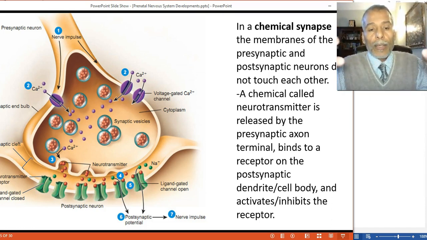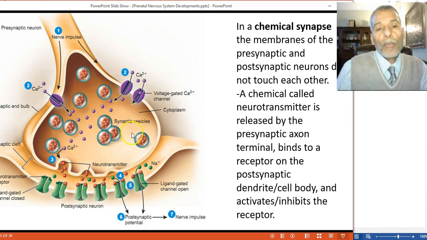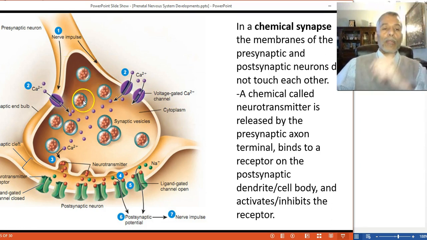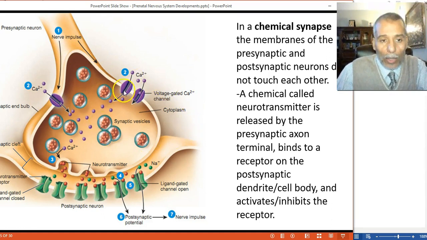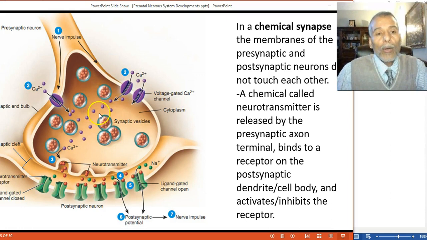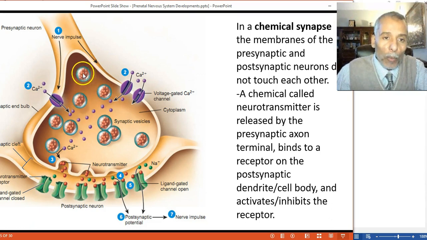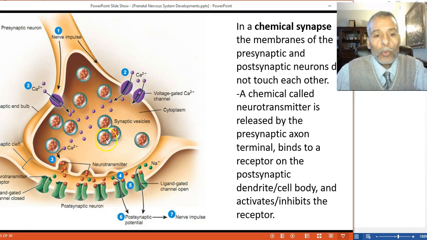And then they are sent back into reuptake gates or channels of the synaptic terminal that already sent them. And as they go in, they wait to be recycled, reused again, put again in these vesicles and used back and forth.